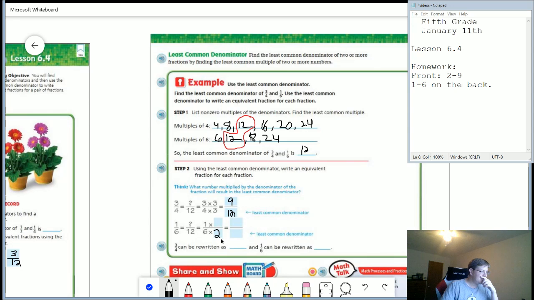That's going to give us 2 times, which is also going to be the number that we write up top. So 1 times 2 is going to give us 2. And so 3/4 can be rewritten as 9/12. And 1/6 can be written as 2/12.